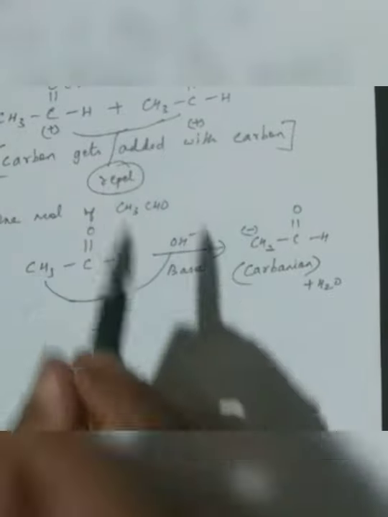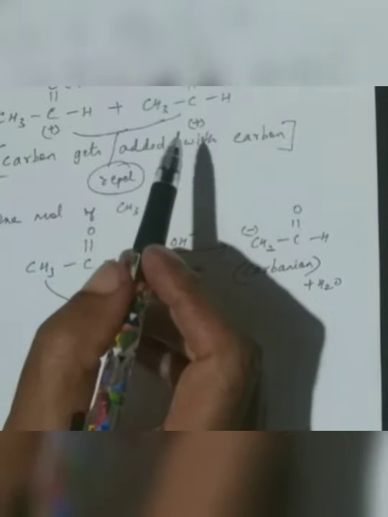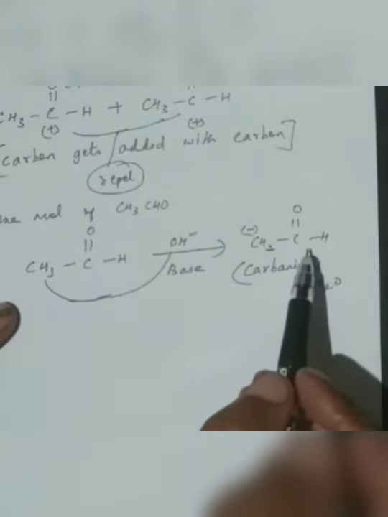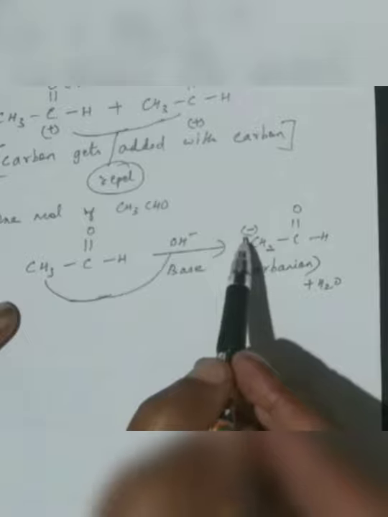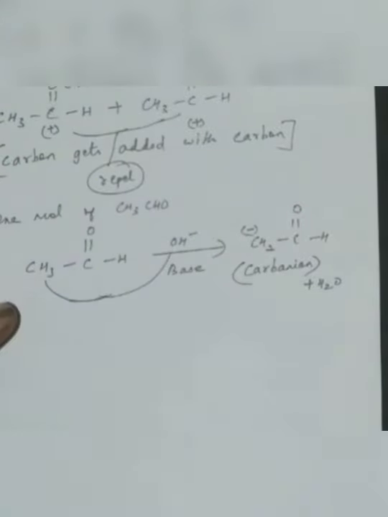Our purpose is to add just carbon and carbon. We can't directly add the two aldehydes because of this electronegativity problem. So, we take one molecule of acetaldehyde and treat it with the base to generate the carbanion. Now, we know that this carbon has a negative sign and this carbon has a positive sign, so they can be added very easily.